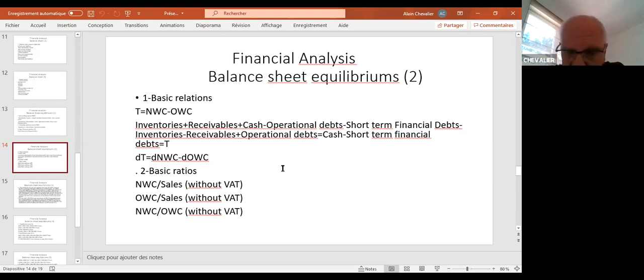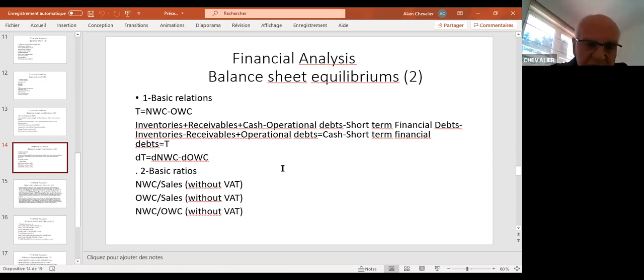That means you have to bring some cash coming either from an excess of net working capital or from short-term financial debts, generally from the banks.